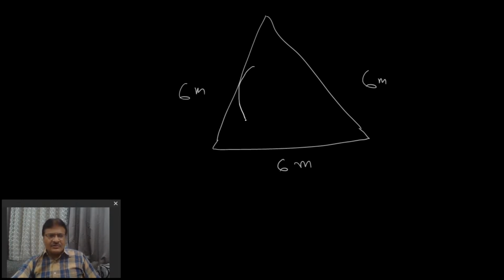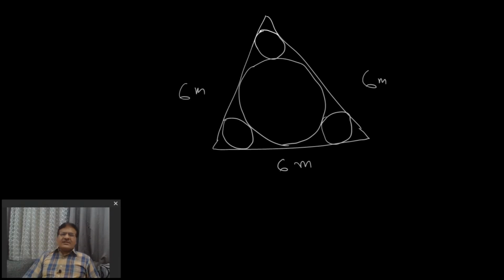This is, suppose, a circle, a bigger circle, which touches all the 3 sides of this triangle, and there are 3 small circles at each corner, small circles of equal size. Is that clear? Now my question is this: what is the radius of this small circle? The original triangle is an equilateral triangle, and these are 3 small circles whose radius is to be determined.